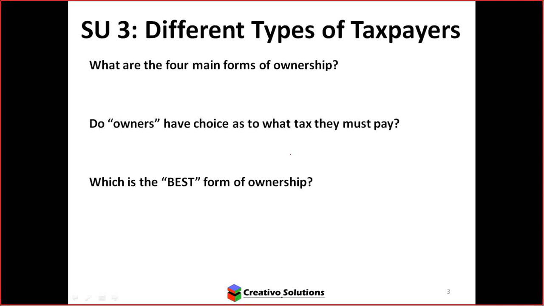Obviously you can, if you wanted to, start an NGO, non-government organization, or an NPO, non-profit organization. So that also is a form of ownership, but obviously those non-profits, those NGOs, they actually reap quite a lot of benefit in terms of not really being taxpayers, because they kind of fall slightly outside of the scope of that, because remember, they're more in terms of social change and upliftment.